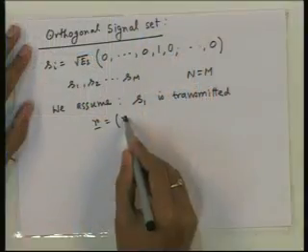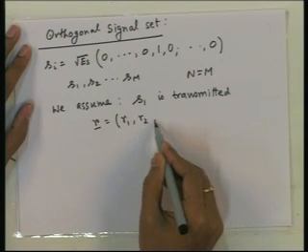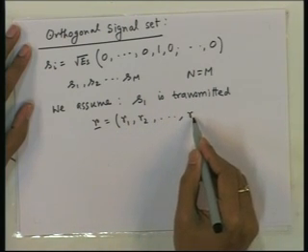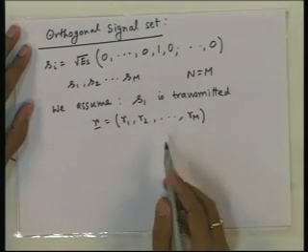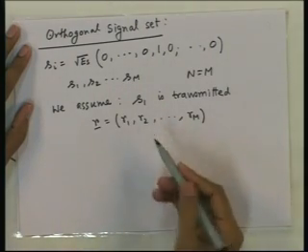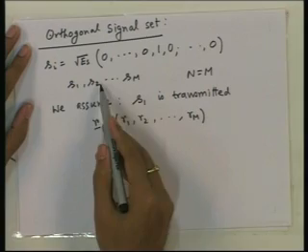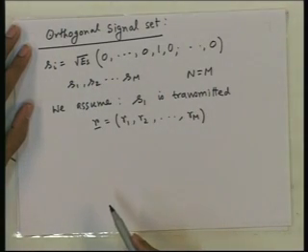Now, what is the detection scheme? We know that for orthogonal signal set, the ML detection simplifies to the following: take the components of the received vector R1, R2, up to Rm, choose the largest component, and the index of that is the message that was transmitted.